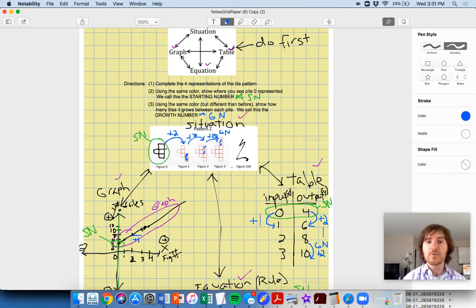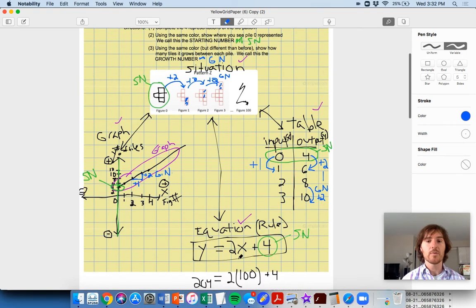Well, this graph here is increasing. That's why the line's going this way. Our figure number got bigger by 1, and the number of tiles went up by 2, okay? So I put my +2 right here. This is something called a slope triangle. You may have heard that in the past, and we'll review that when we do linear functions. But here, our growth number is right here on our graph. The growth number is +2 in this situation, okay?